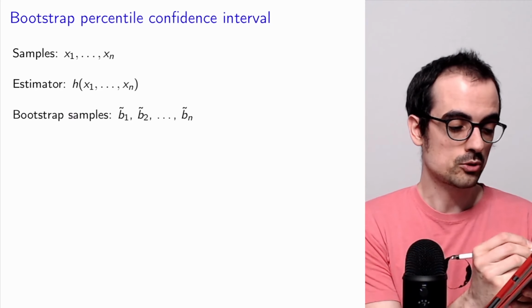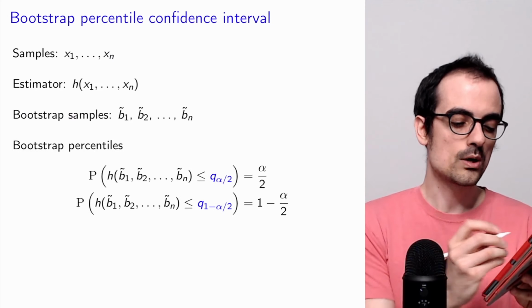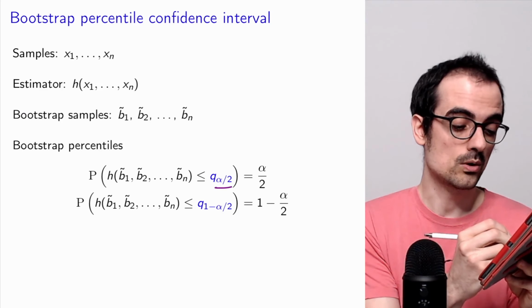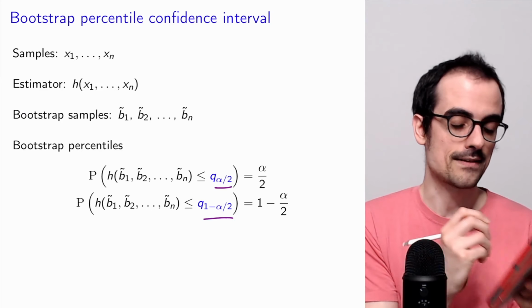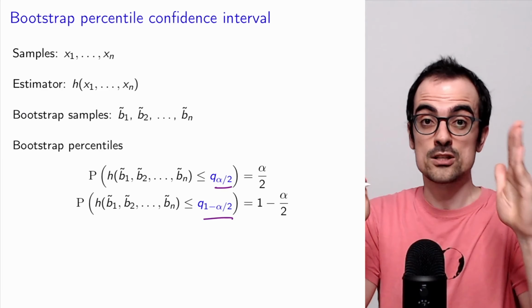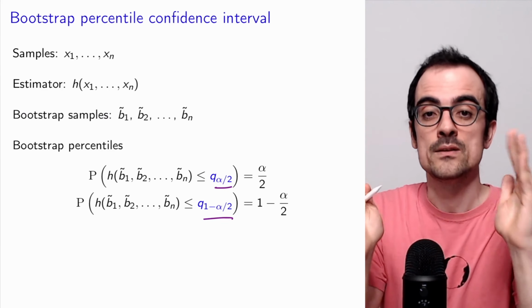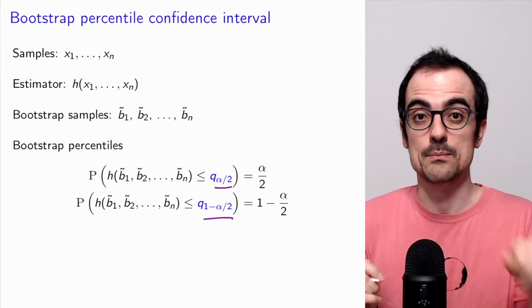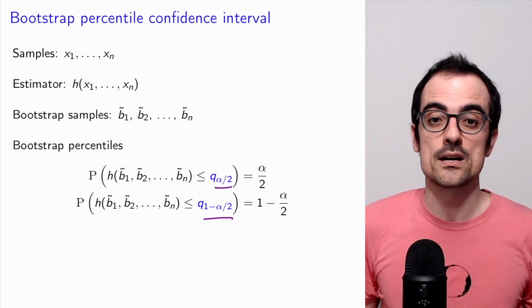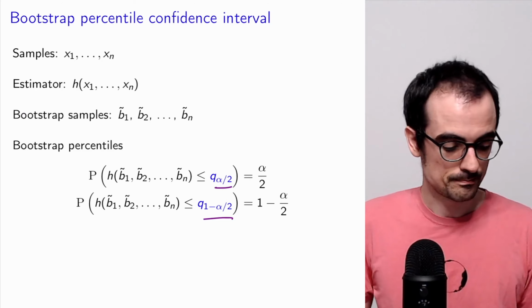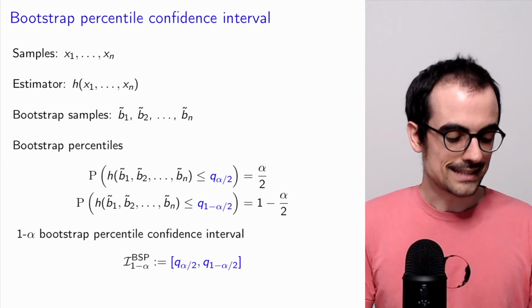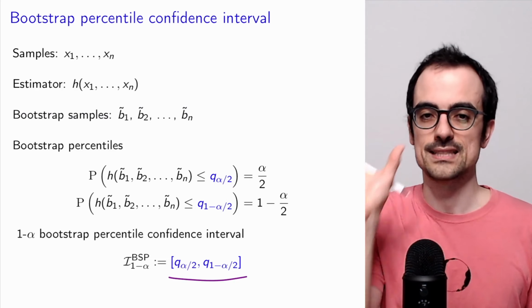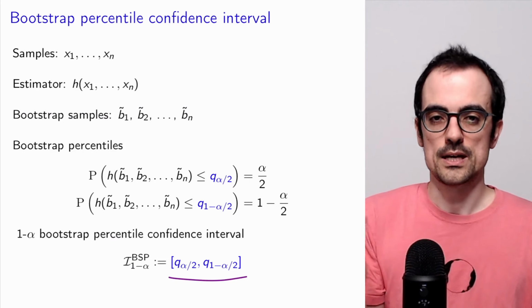And now we get bootstrap samples, and we find 2 points, which are the alpha halves and 1 minus alpha half percentiles, so that between them we get 1 minus alpha probability. Okay, like the bootstrap estimator is there with probability 1 minus alpha. That is going to be our percentile confidence interval.